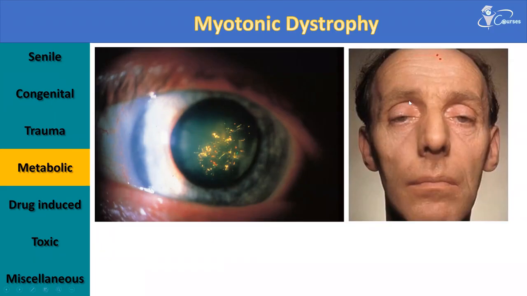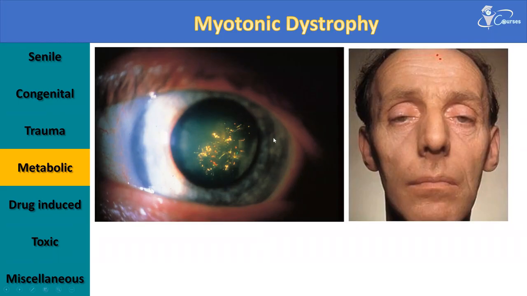Not only that, but they also have ptosis and weakness of the facial muscles, so they have what's called an expressionless face or sad face. Also, they have cardiac abnormalities, and they have balding, of course this is in males.